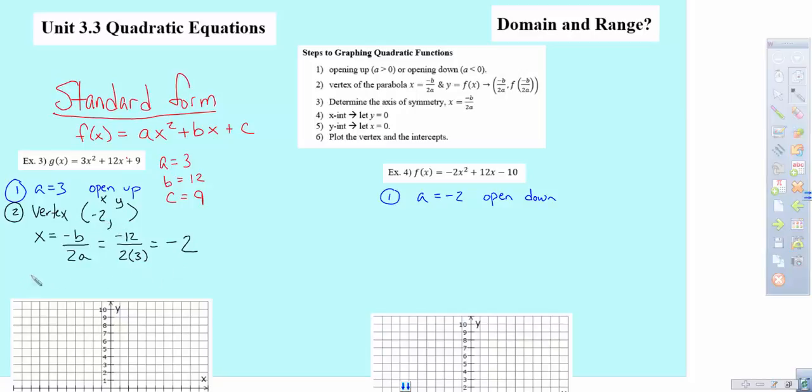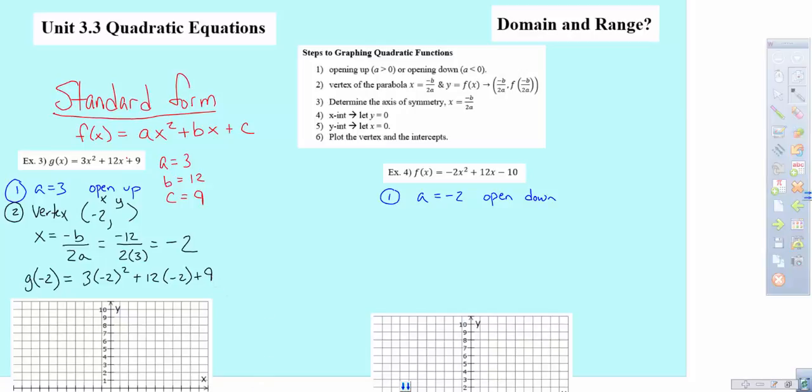To find the y portion, we take that and plug it back into our original function. Sorry, I put f, but we actually have g. So our equation is g of negative 2, and that would be 3 times negative 2 quantity squared plus 12 times negative 2 plus 9.